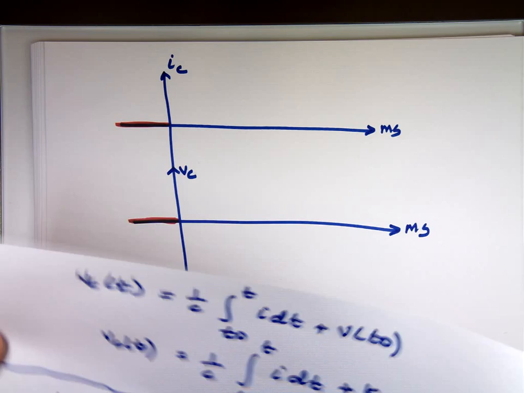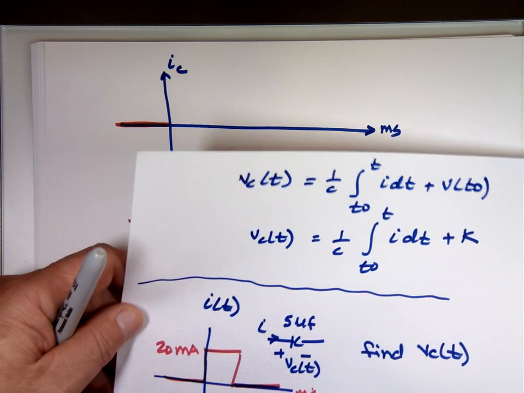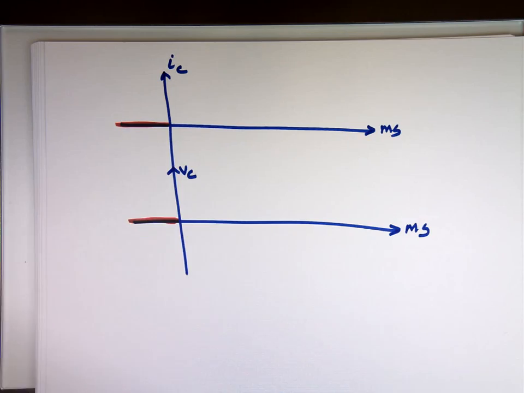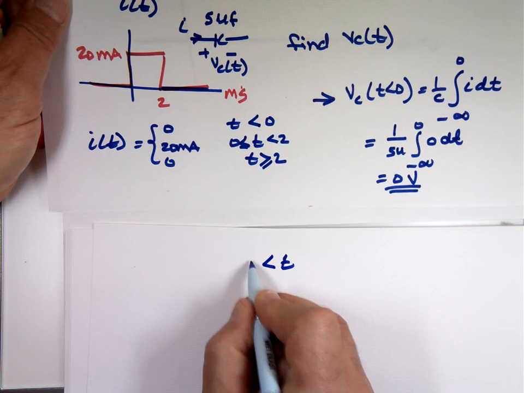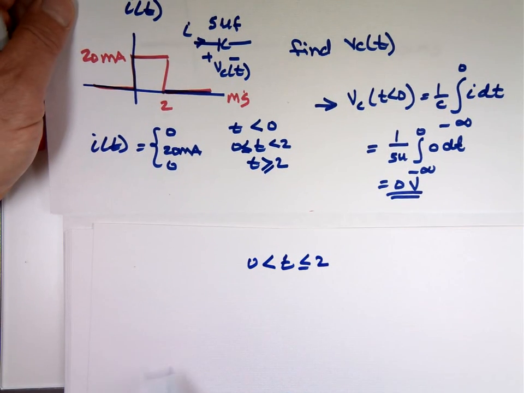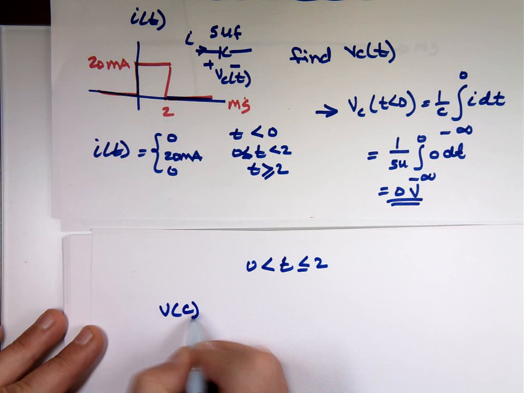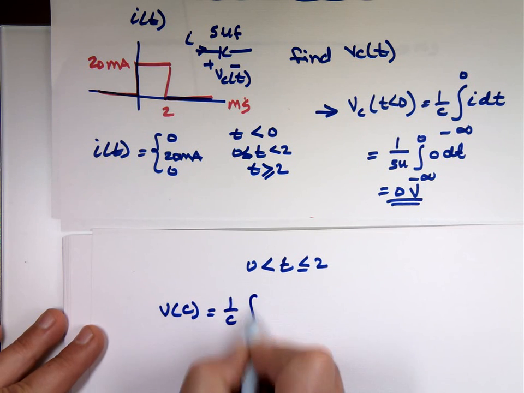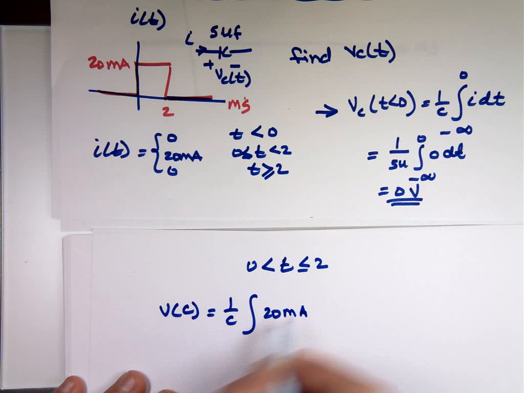Okay. What's the voltage from 0 to 2 milliseconds? Let's look at that. So for t greater than 0, less than or equal to 2, the voltage of the capacitor is going to be 1 over C, the integral of 20 milli from 0 to where?